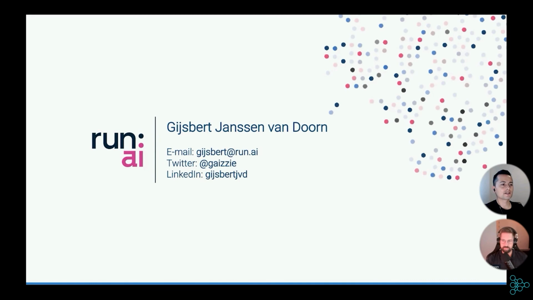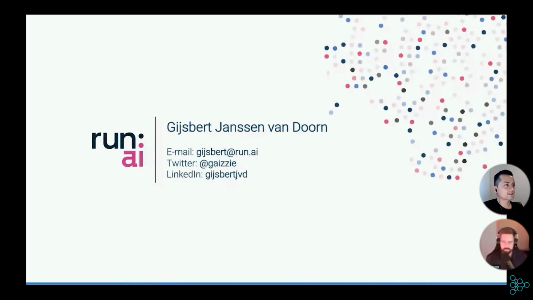Another question is, in case there is a sudden demand for GPU compute, and the ones that are physically on premises are not enough, is there a way for users of Run AI to quickly get access to GPU instances in cloud services like AWS or Azure? Absolutely.